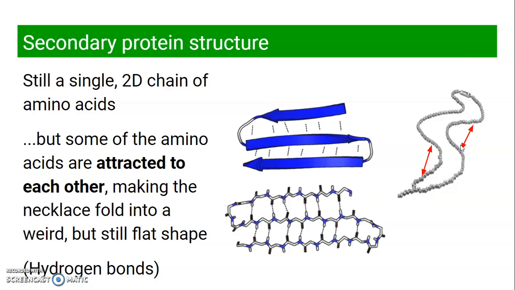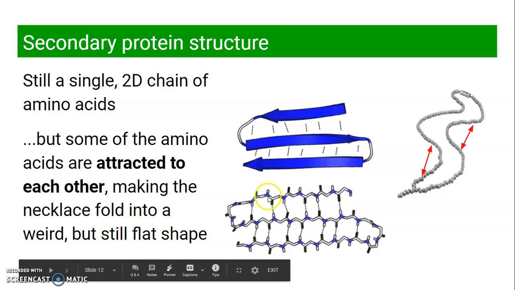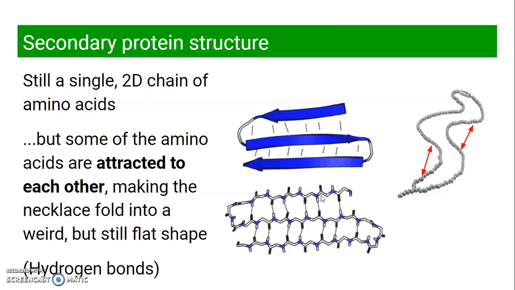And this is the result of hydrogen bonds, or hydrogen on each of these amino acids being attracted to one another. It's quite a weak bond, and so you can see here if this was a peptide chain, you've got all these hydrogen bonds drawing these amino acids into each other, resulting in the necklace curling up on itself. If you were looking at the molecules, dotted lines represent hydrogen bonds, but these thicker lines represent peptide bonds that are holding all the amino acids together.